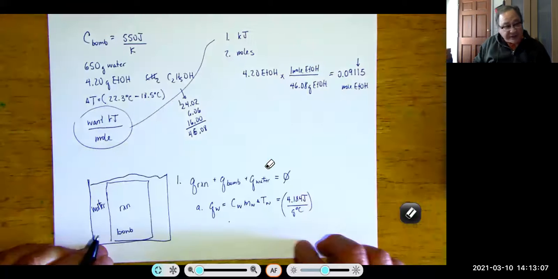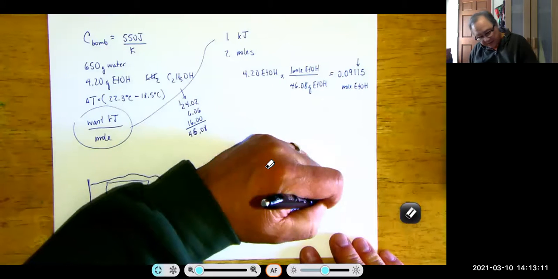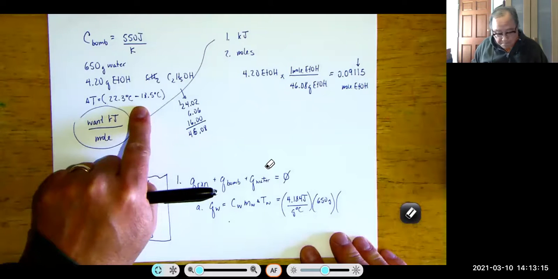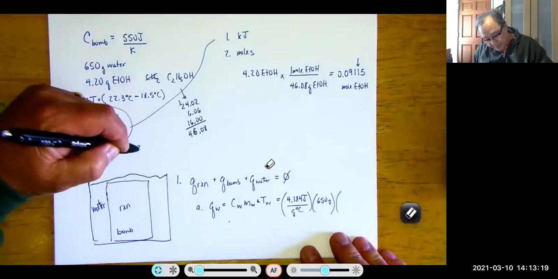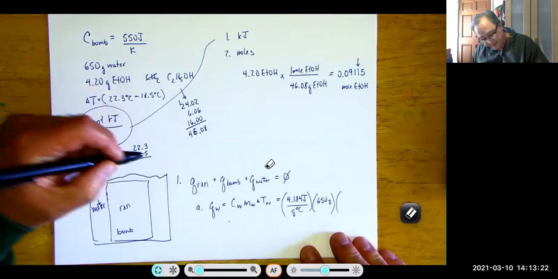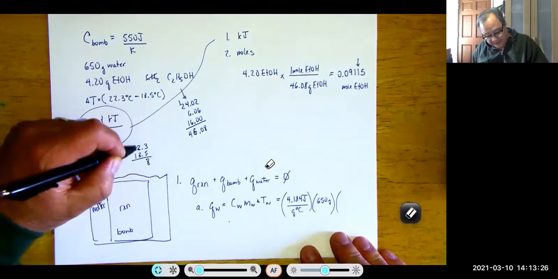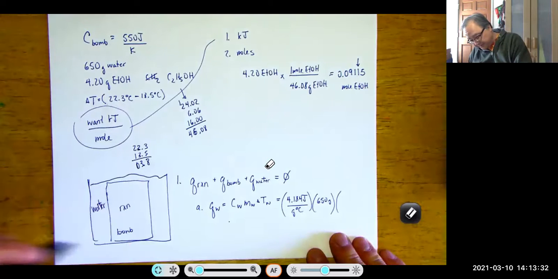The mass of the water is 650 grams. The change in temp is 22.3 minus 18.5, which is 3.8 degrees Celsius.